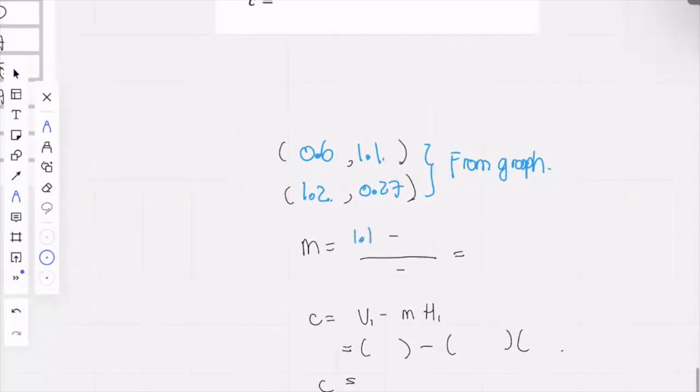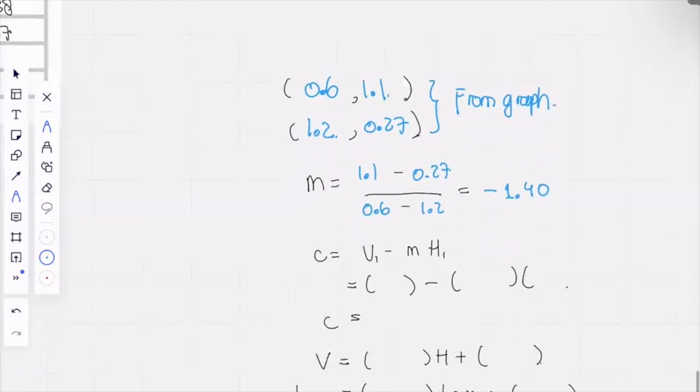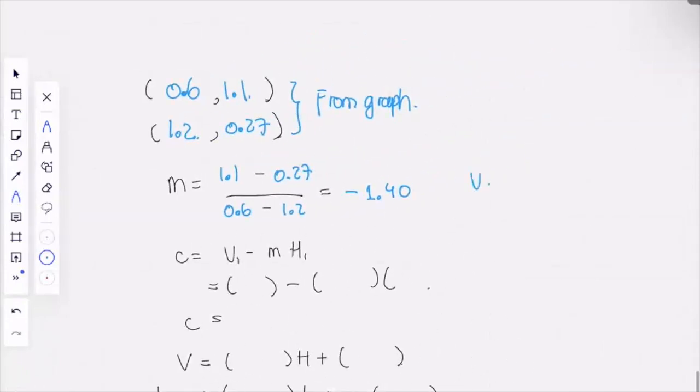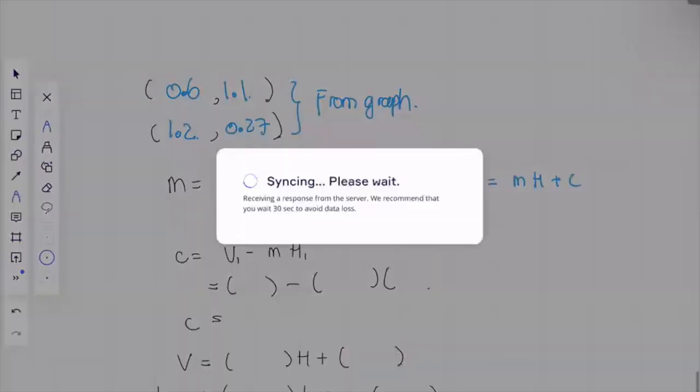So 1.1 minus 0.27 divided by 0.6 minus 1.2. If you use calculator, you get negative 1.40. So that is m. Later we must make the equation v equals to mh plus c.